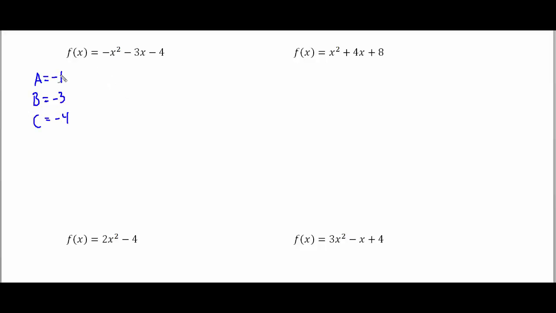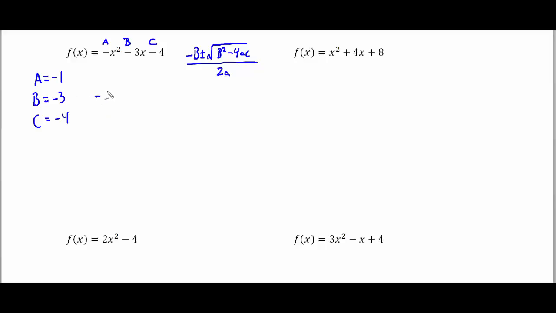Because if I now have identified my A and my B and my C, these are the coefficients in front of the x squared and the x for A and B, and the term by itself is C, we can use the quadratic formula, which is negative b plus or minus the square root of b squared minus 4ac all divided by 2a. Be careful when you're typing things in.